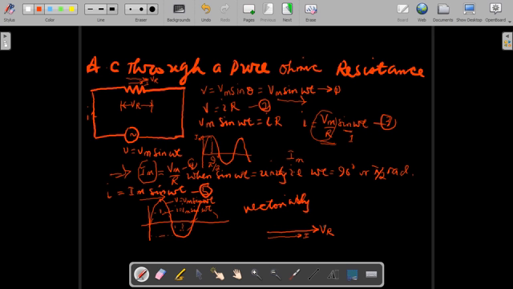So that is that about AC voltage passing through a pure ohmic resistance or resistor, and we've been able to show that both the current and the voltage are in phase with one another.